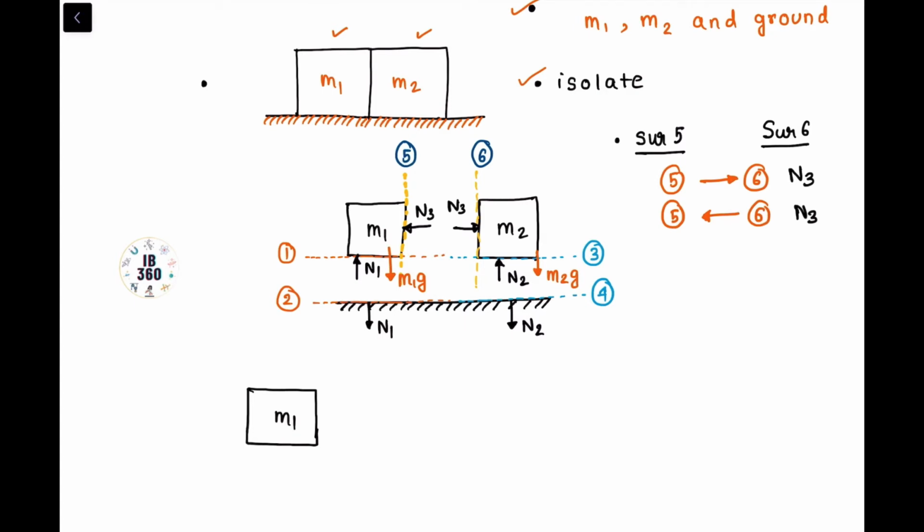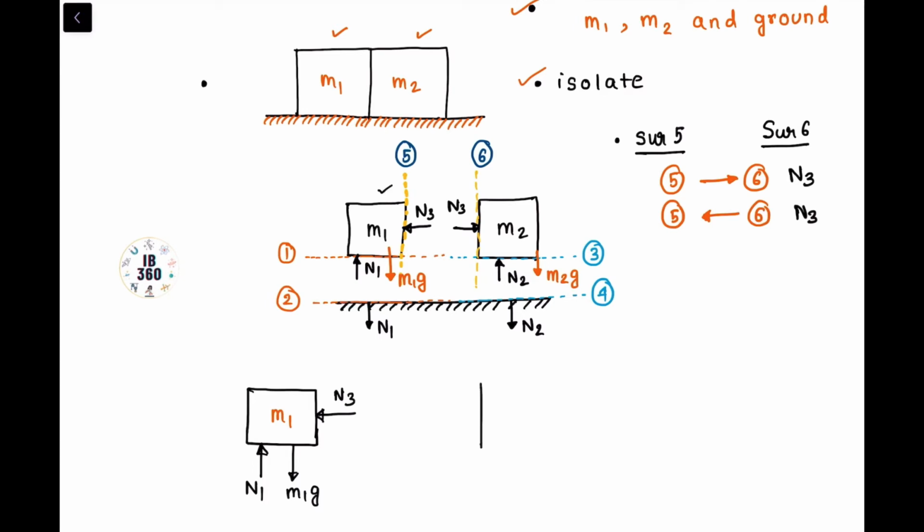Over here upward our force will be N1 and the weight of the block will be M1g downward. Over here this will also be N3 in this direction, because I'm just drawing this block only.